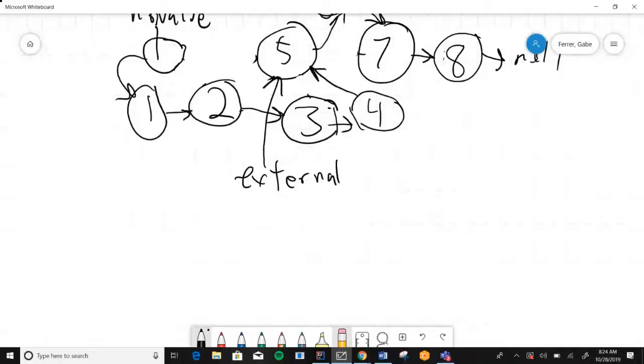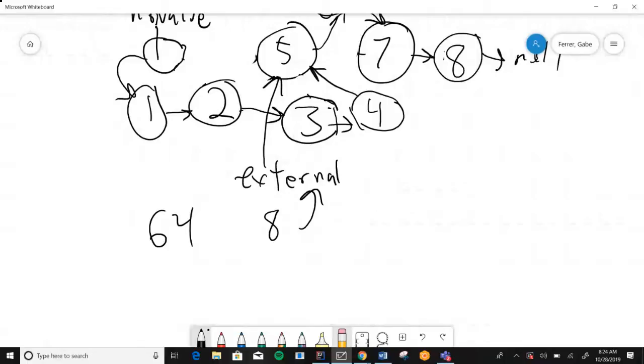Let's say I've got a skip list with 64 items, okay? And now let's say I randomly have assigned 8 of these external links. So they're just sort of randomly scattered through the list. They're roughly equidistant.